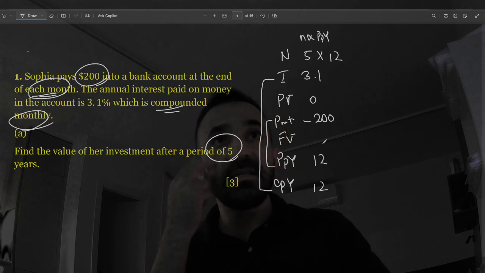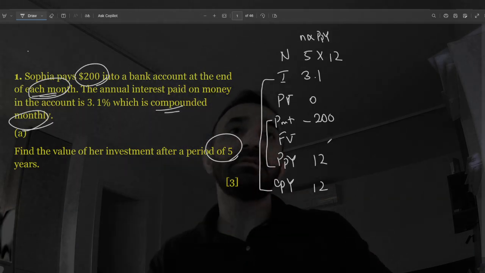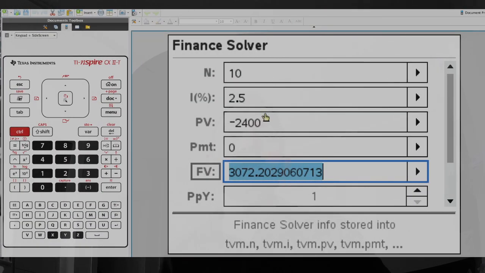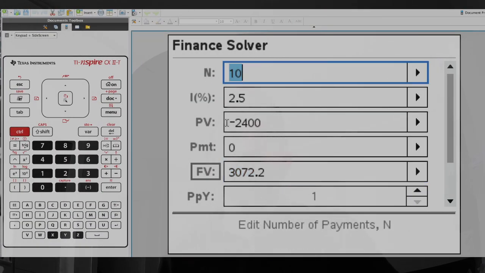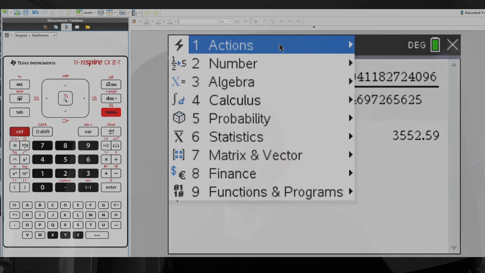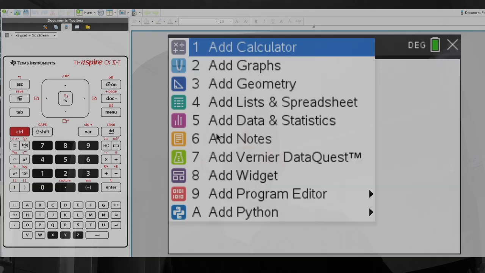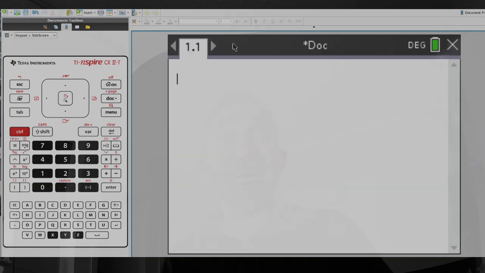Let's go and plug these values into the calculator. I'm going to do it one more time here just to show you how to make this. File, new document, add calculator.